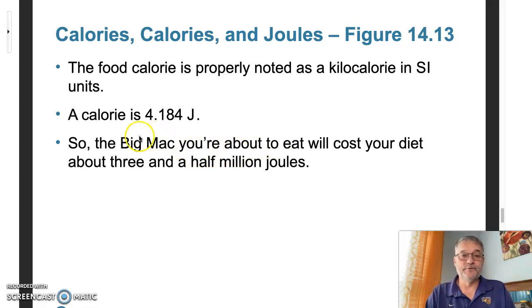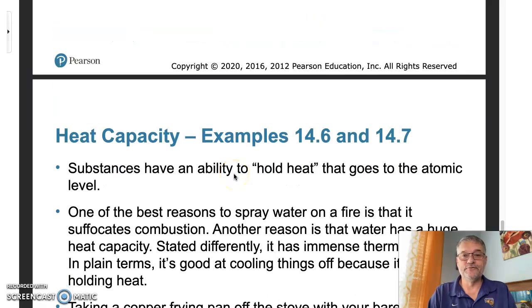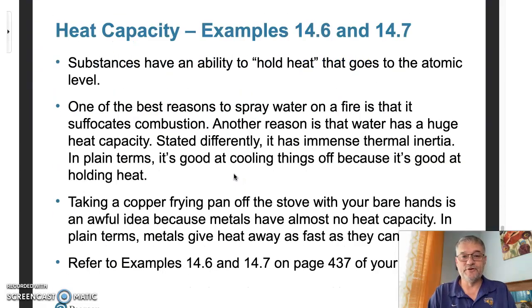And you can see that something like a Big Mac, as they show here, has a whole lot of energy, 3.5 million joules of energy to fire us up, and that's why having too many of those will cause us to store that energy, which we store as fat.